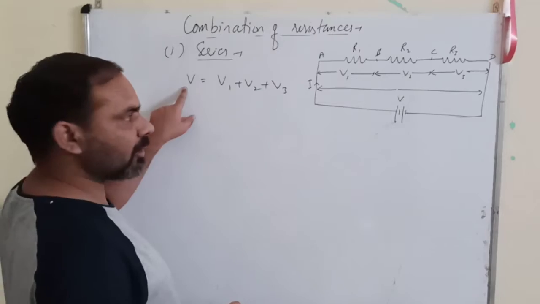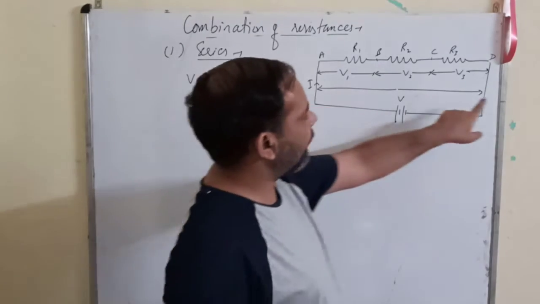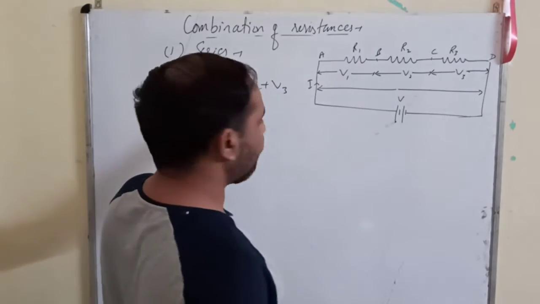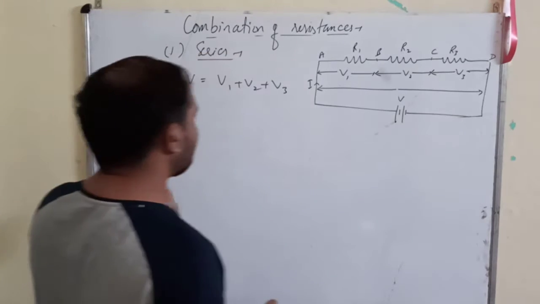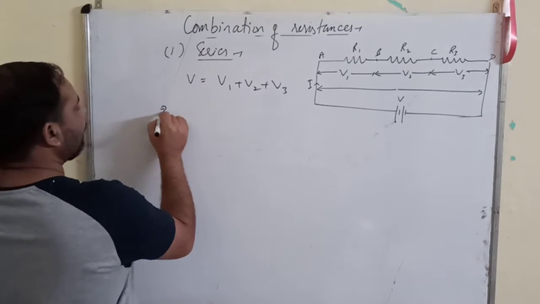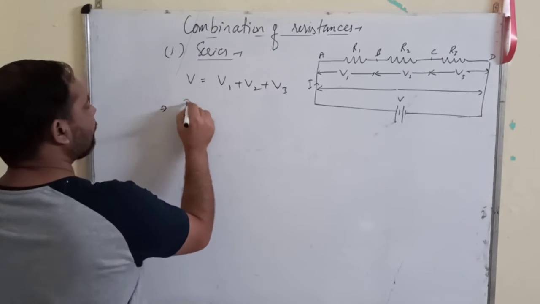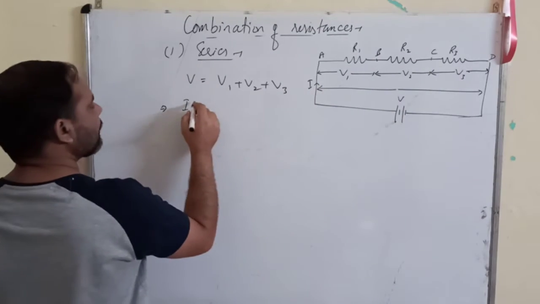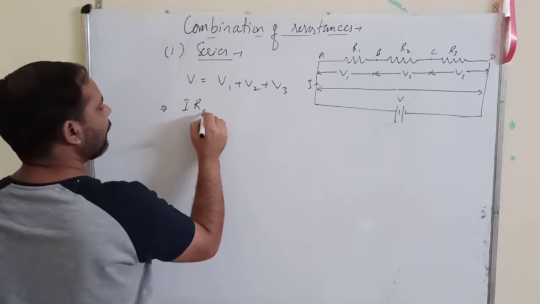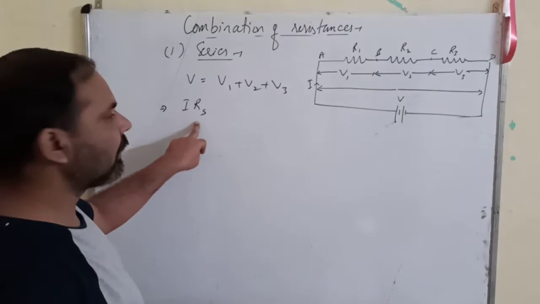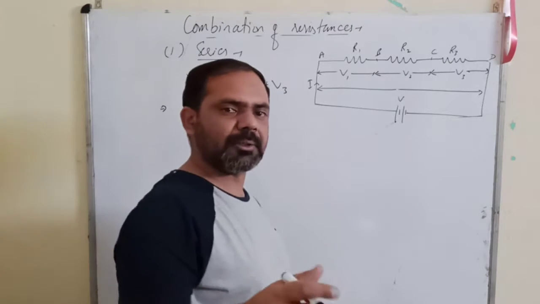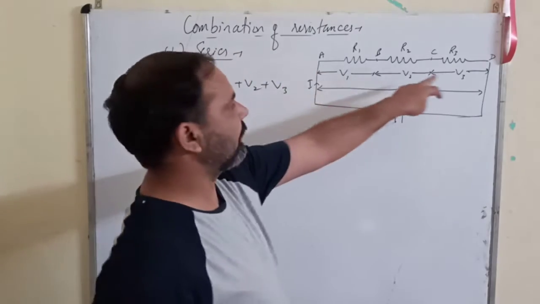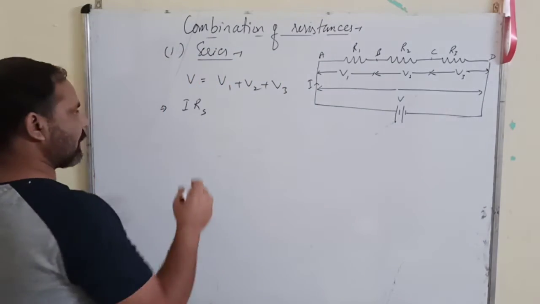So total potential difference applied between A and D is V1 plus V2 plus V3, and that is your V. Now V is equal to IR, we have the formula. This is V applied across the whole circuit, so you can say I R equivalent, and RS is the resistance of the series combination, equivalent resistance of the circuit of three resistors.